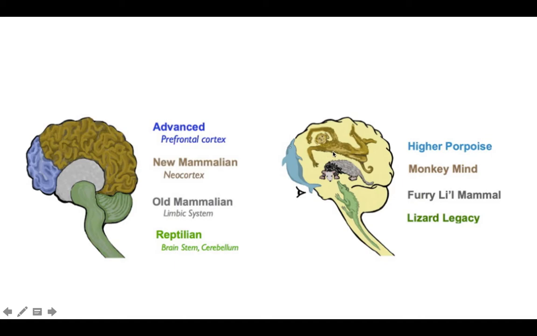Keep in mind, monkeys are not the same as apes, but any kind of baboon or monkey would have this advanced cortex, and then the only animals that really have this advanced prefrontal cortex like us would be the cetaceans, like whales and porpoises and dolphins, and the apes, and just the great apes, chimpanzees, gorillas, orangutans, bonobos, and us.